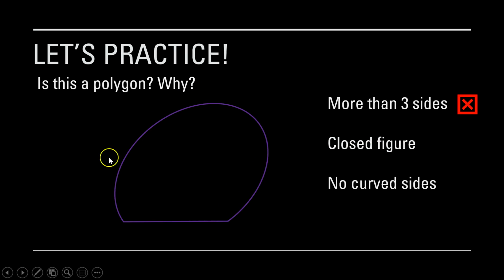I don't see any openings on this shape, so we can get a check mark there. And our final rule is that it cannot have any curved sides. There's a huge curve on this shape, so it unfortunately is going to get an X there. Since not all 3 of my rules have check marks, that means that this shape is not going to be a polygon.